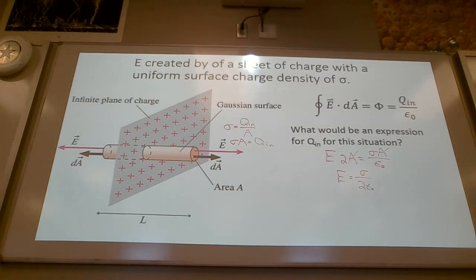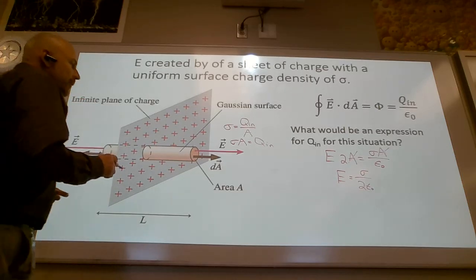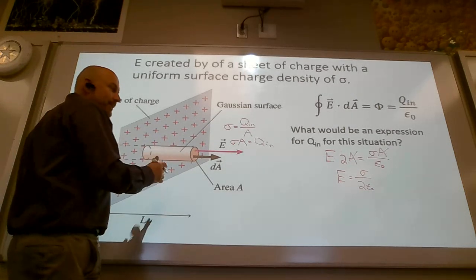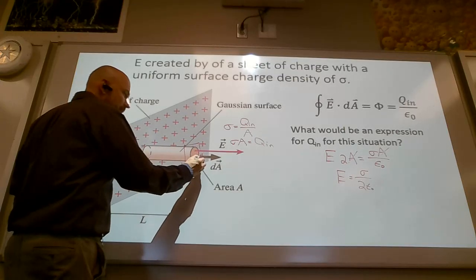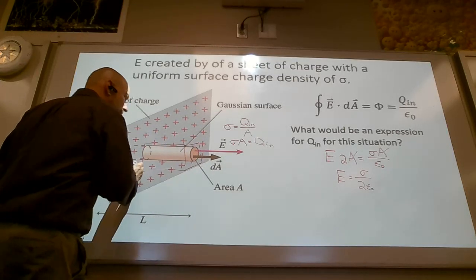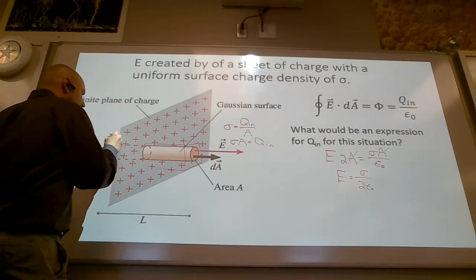How do we do? Not too bad, yeah? Okay, I'm going to leave it as area because on the AP test, sometimes they give you a Gaussian surface that looks like this. I've seen other questions where they give you a Gaussian surface that looks like a block, rectangle.